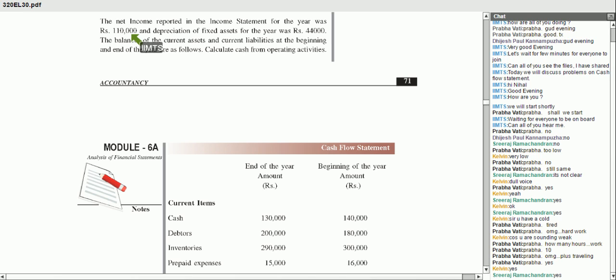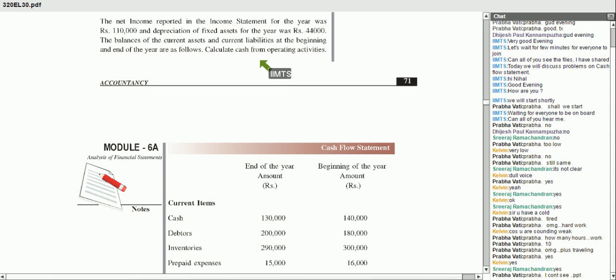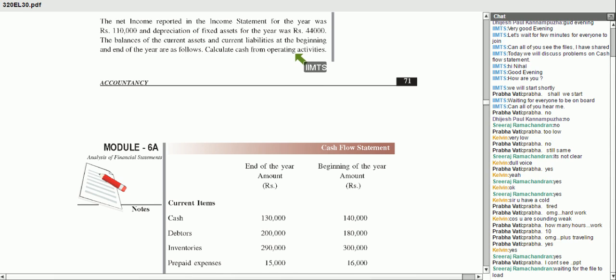So I'm not going to discuss the basics again. The balance of the current assets and current liabilities at the beginning and end of the year are as follows. Calculate the cash from operating activities.